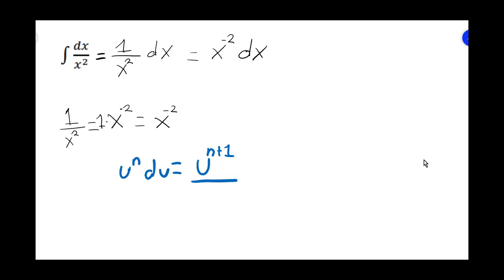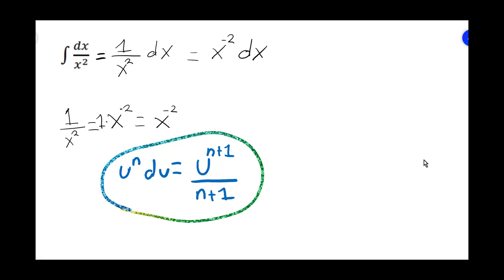This power rule has an explanation of why we use it. If you want to know more about where this formula comes from, where the power rule for integration comes from, I'm going to leave you a link in the description so that you can check it out and understand the foundations of the power rule.